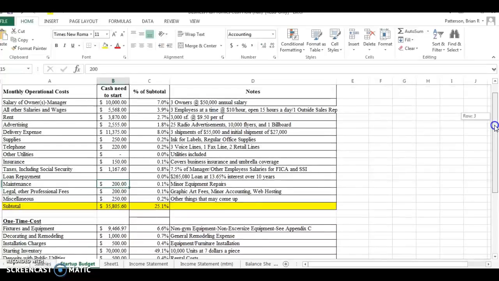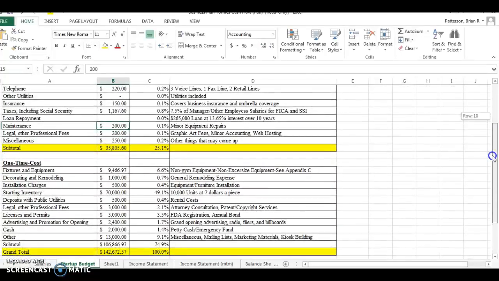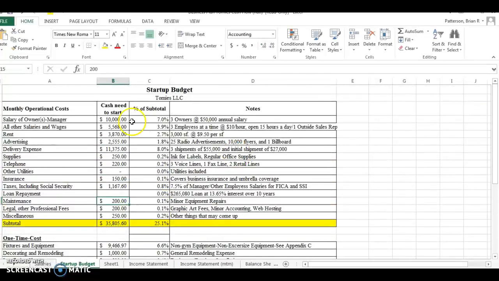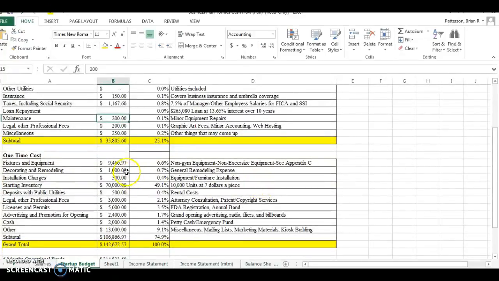For the loan repayment, what we have to do is this: the top half are our monthly recurring bills we have to pay no matter what. It doesn't matter if we sell one class. At the bottom, these are one-time costs that we need just to set up.